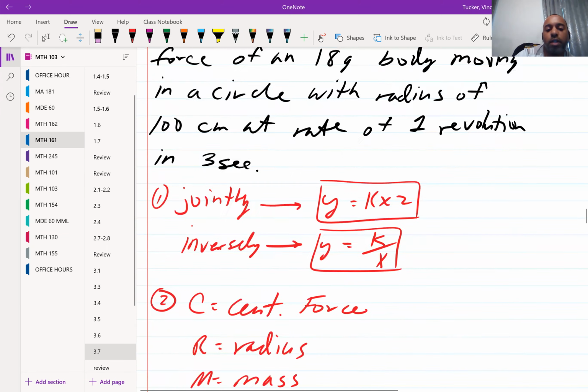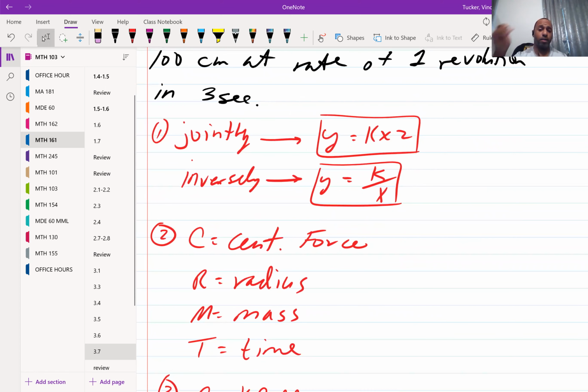So I have these four letters right here. Centrifugal force for C, R for radius, M for mass, T for time. So you're always looking at what comes before your varies and what comes directly after that phrasing to help you set up your variables.